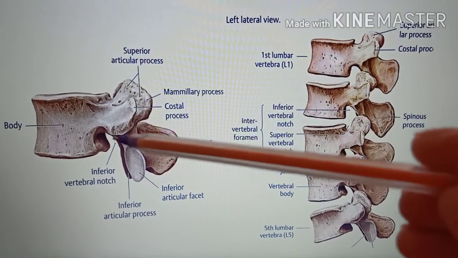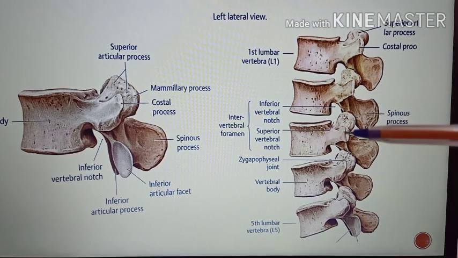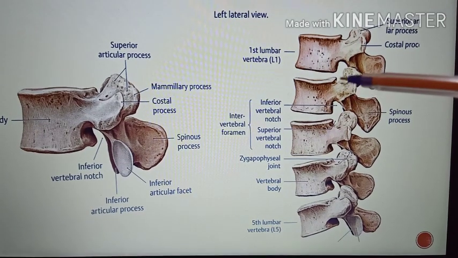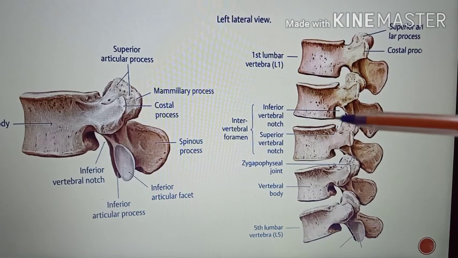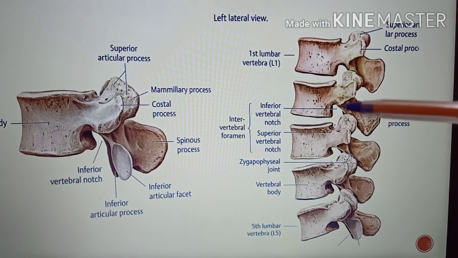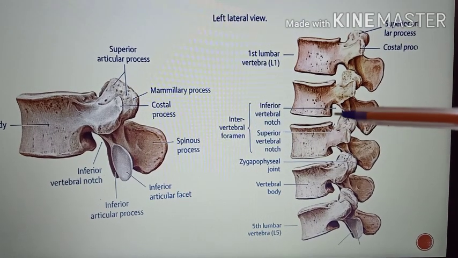So here this is the inferior vertebral notch, above you are having the superior vertebral notch. So the adjacent vertebrae, the superior as well as the inferior vertebral notch, complete the formation of the intervertebral foramen.